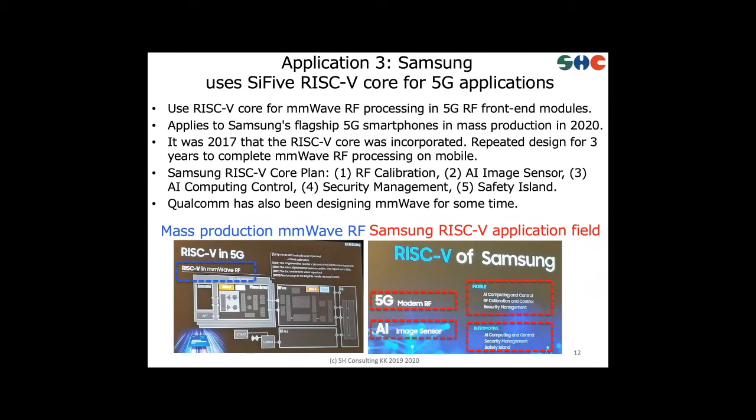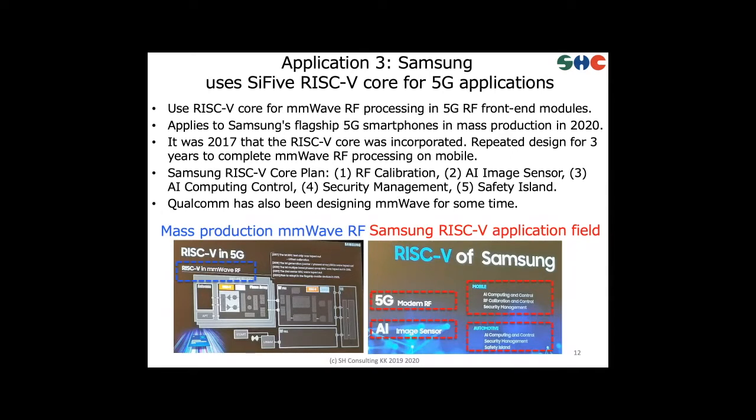This is used in Samsung's flagship 5G smartphones, now in mass production in 2020, and they started the integration in 2017. Samsung plans to use those cores for RF calibration, AI image sensors, AI computing control, security management, and a safety island for automotive.